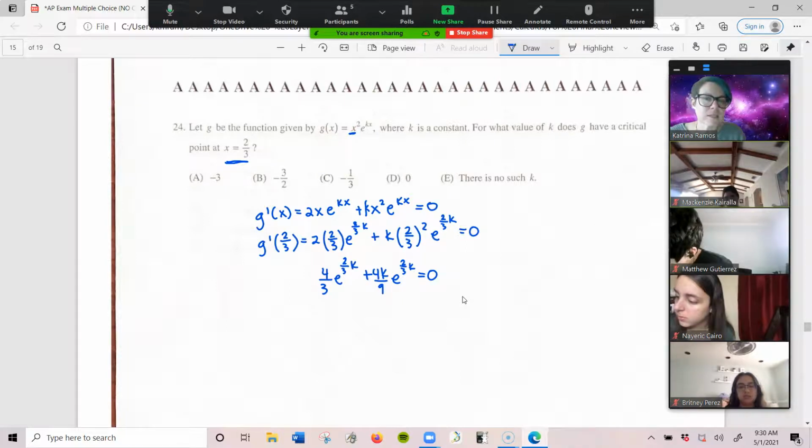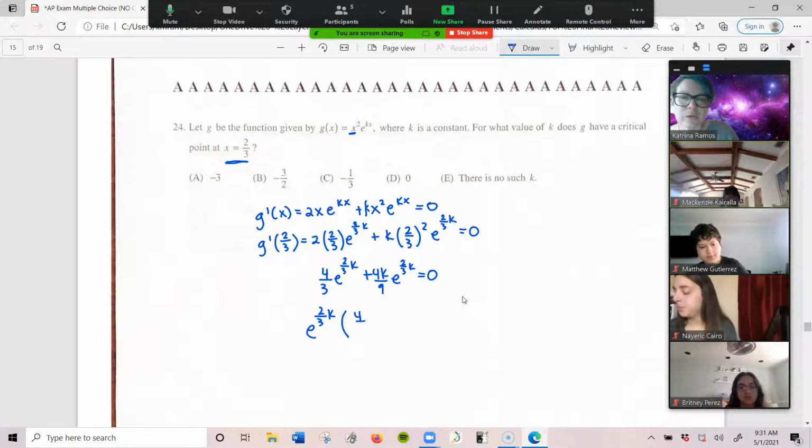To make this simpler, we can factor out the e raised to the 2/3 k, so we have our factors and then just set the factor that has the k equal to 0. You understand? So factoring this out, e raised to the 2/3 k times 4/3 plus 4/9 k, and make this equal to 0.